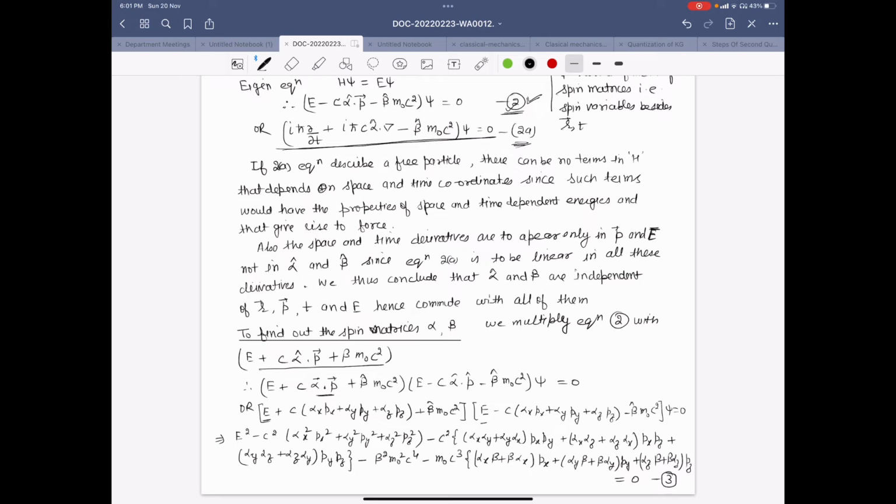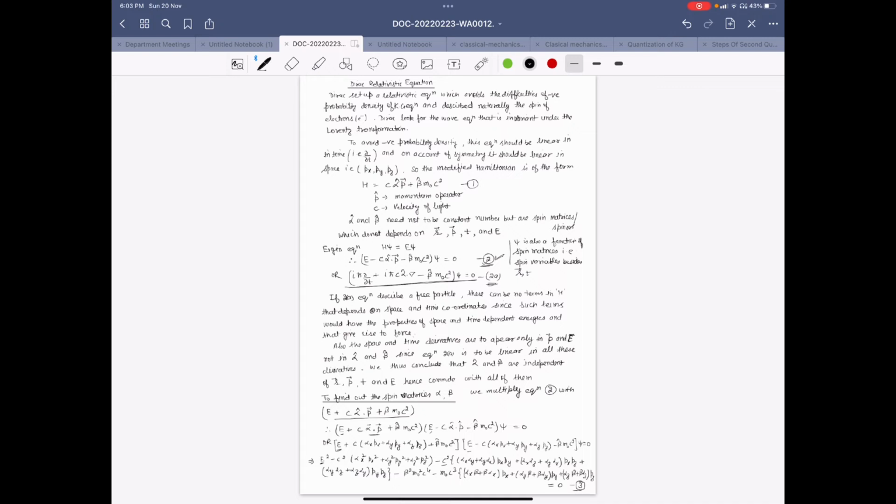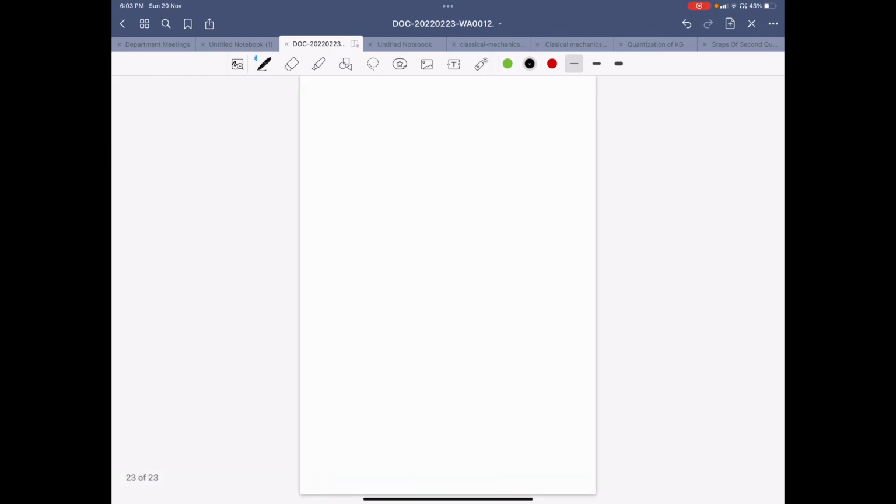So the best part of this, to remember this equation, is you just try to solve yourself and just multiply it one by one. Always try to maintain the order of alpha x, alpha y and alpha z, because these are matrices.